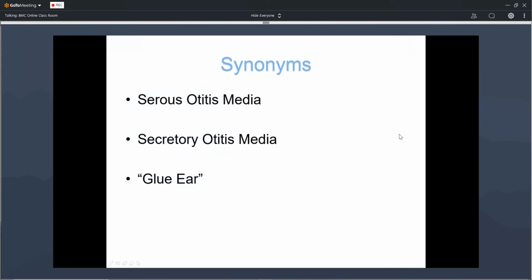Then coming to the next topic, serous otitis media or blue ear. These are synonyms: serous otitis media, secretory otitis media, mucoid otitis media, or blue ear. You should remember this is a completely non-infectious condition. The fluid accumulated in the middle ear cavity in this condition is completely sterile.